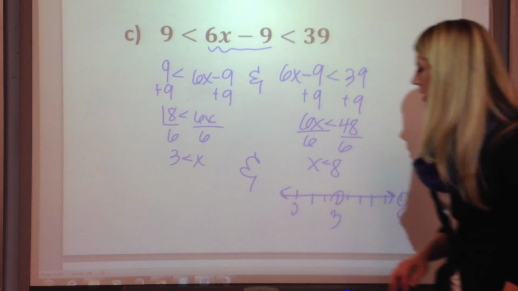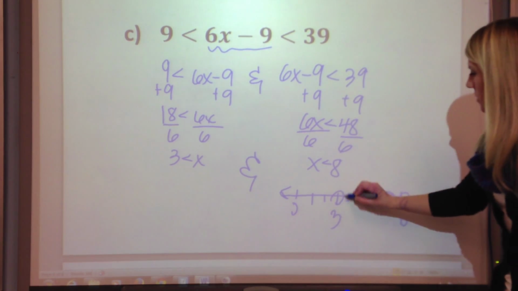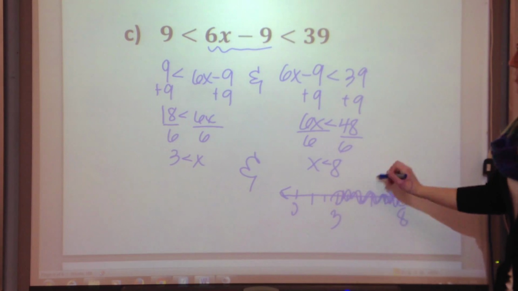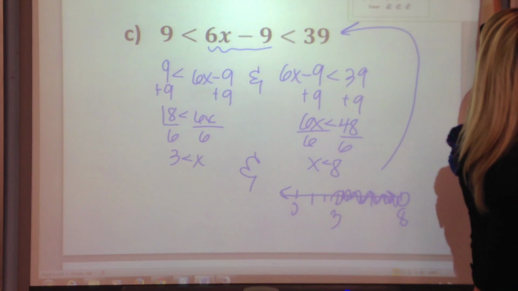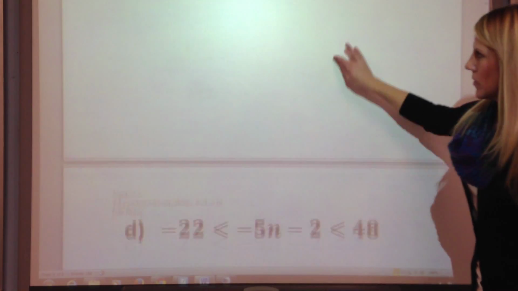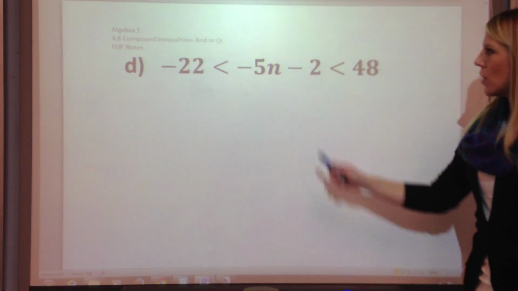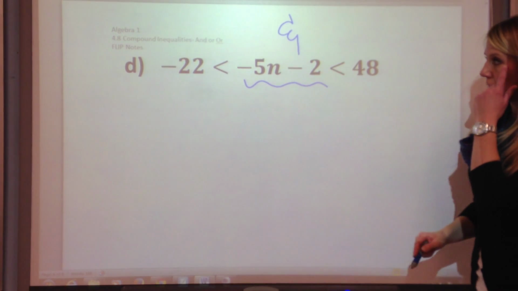So x is greater than 3 and x is less than 8. So it's just everything in between. That's my solution set to this compound inequality. So basically, solving two separate inequalities and graphing them on the same number line. Once again, this is going to be an and.